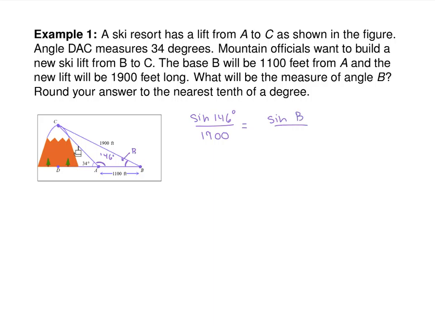Sine of B over what number? Is that right? Wouldn't it be better to do sine of C? That's not right, hold on a second. I have this angle and its opposite side. Which angle is opposite that side? C.